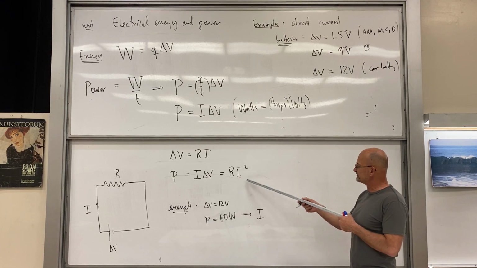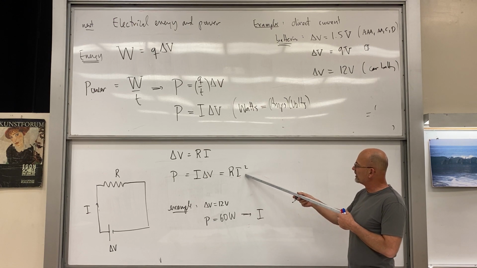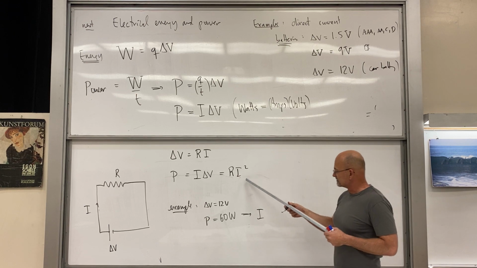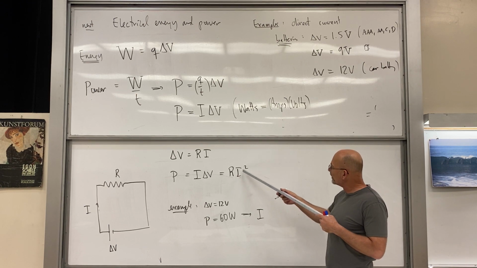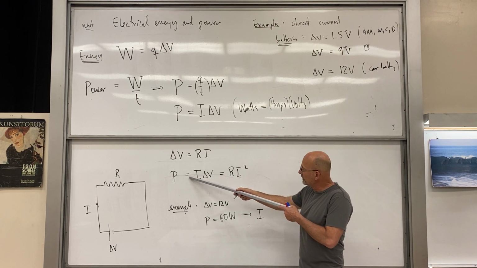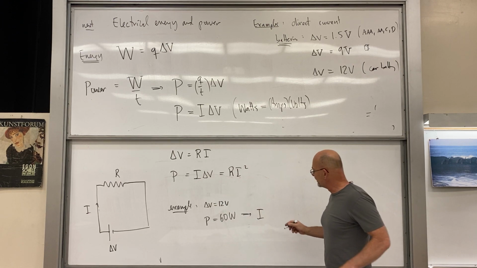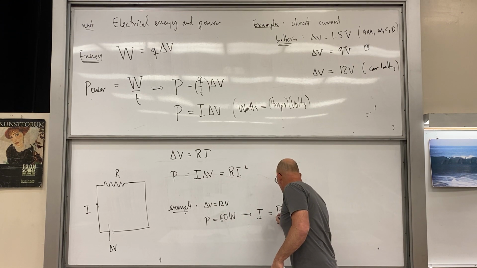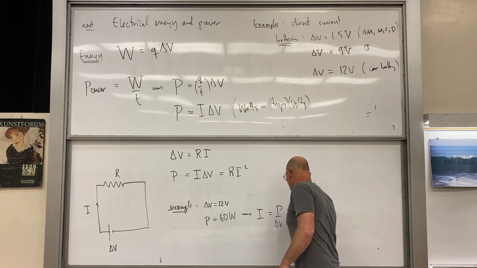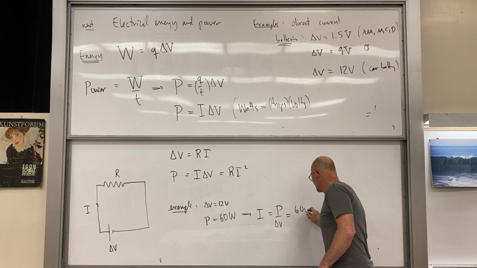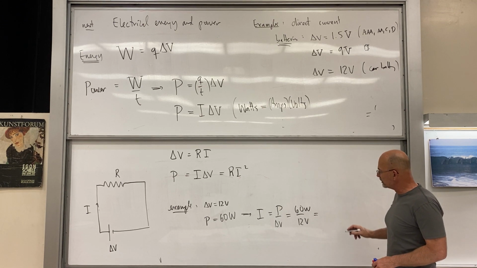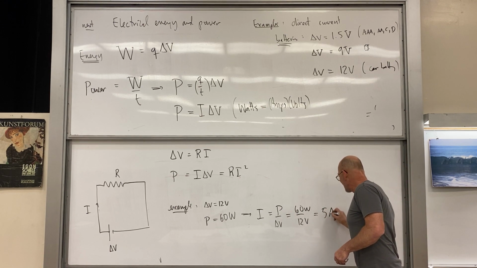We don't know the resistance yet, so we're going to use this one here. Current's going to be power over delta V, 60 watts over 12 volts, which is 5 amperes.